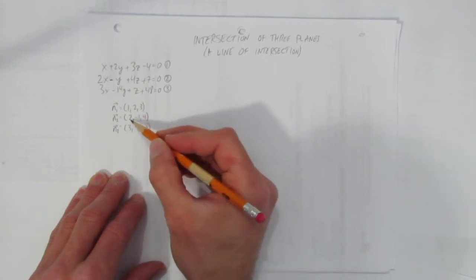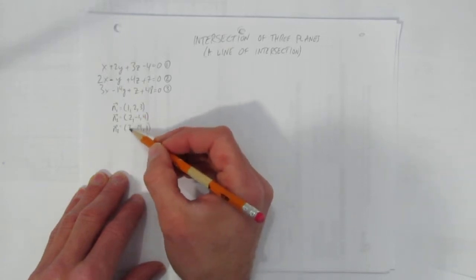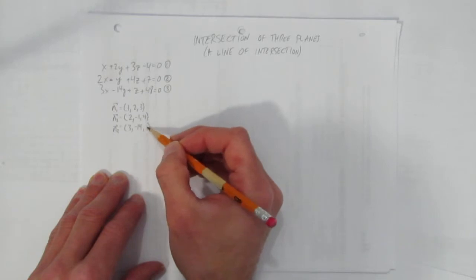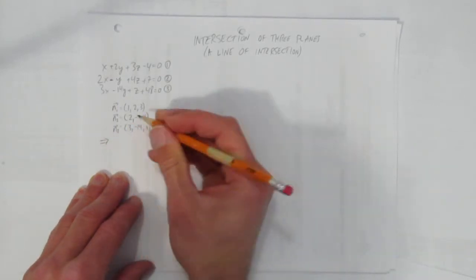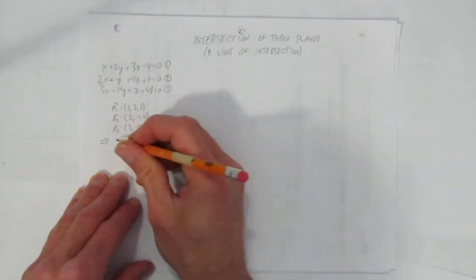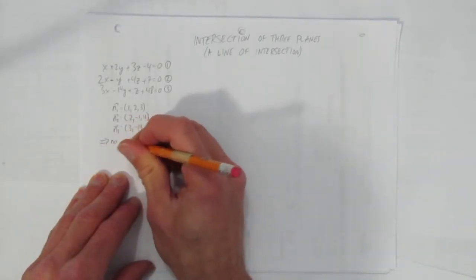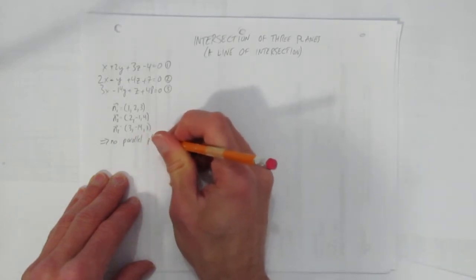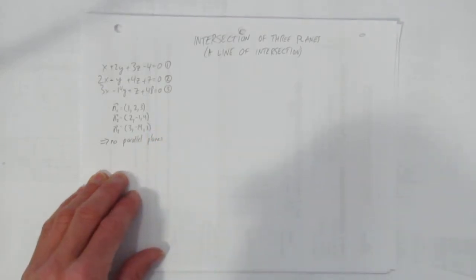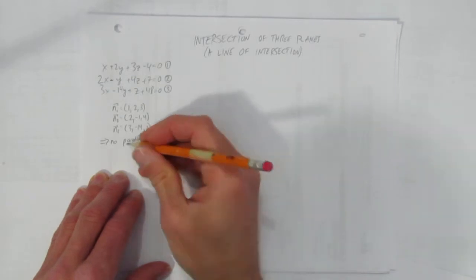And finally, to get from 2 to 3, times by 1.5. Clearly that's not the case for the other components. So I'm going to write implies, since none of the normals are multiples of each other, there are no parallel planes. If there were, their normals would be parallel. Since their normals aren't parallel, there's no parallel planes.